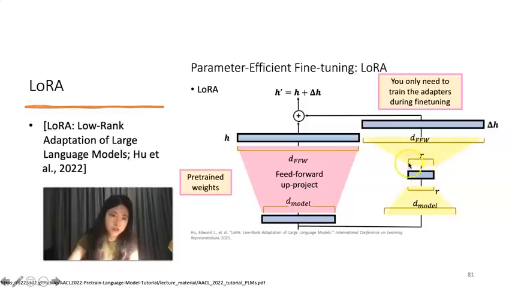You can see that this rank R is much smaller than your model's original input dimension, the d_model or d_FFW. And your final output for this feed-forward layer, your h', will be h plus delta h. This is actually the gradient update, but with the actual gradient replaced by the delta h computed by your adapter.